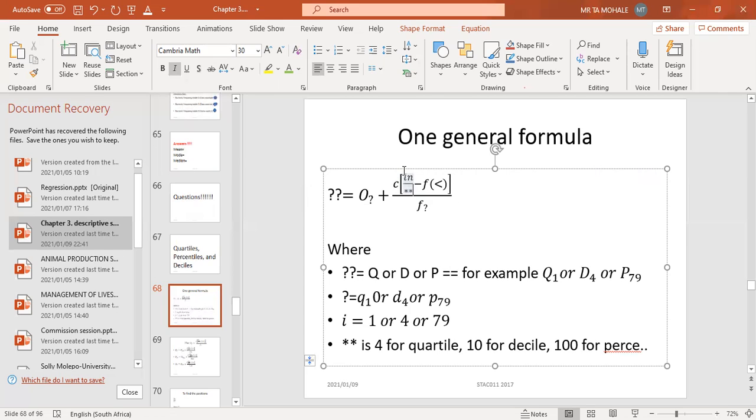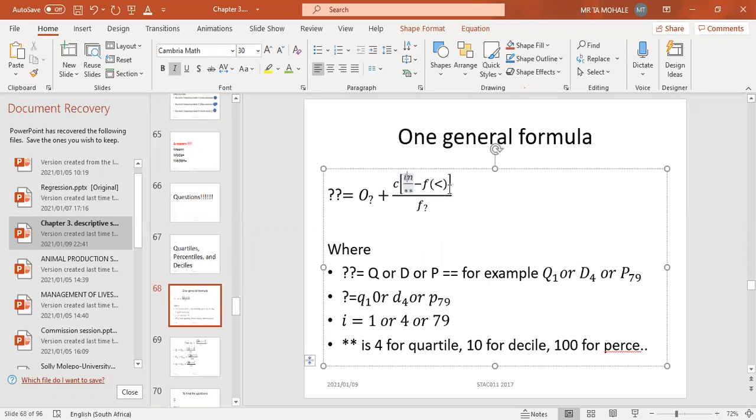If they say 74th percentile, what will be the value of I? 74. Yes, you take 74, you multiply by the value of n, and you divide by 100, because it's a percentile.